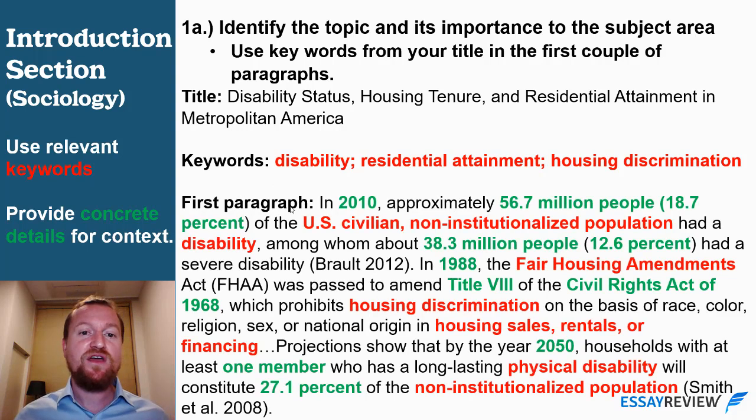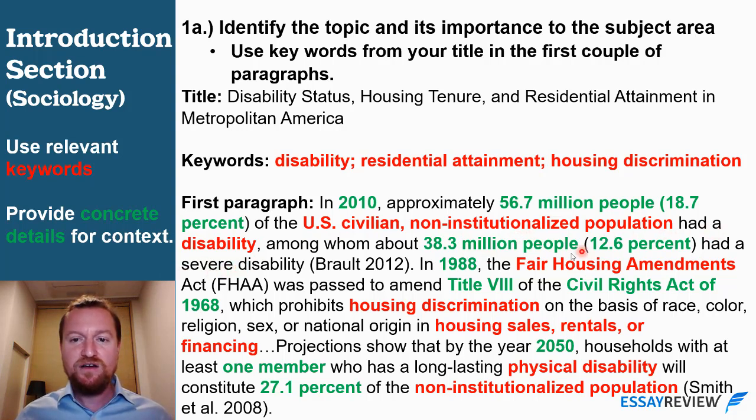So right away, when they open the study, or even in the abstract, you can include a sentence or two from the introduction in your abstract. You can see the keywords in red and the concrete details that provide specific information in green. So in 2010, approximately 56.7 million people, a percentage of the US civilian non-institutionalized population, had a disability.